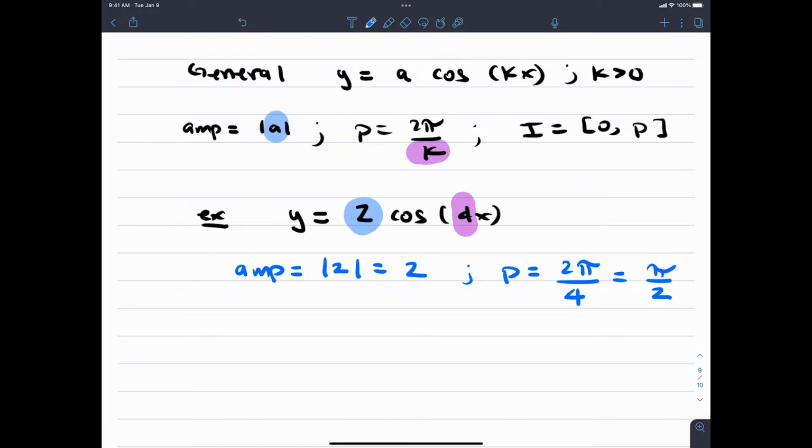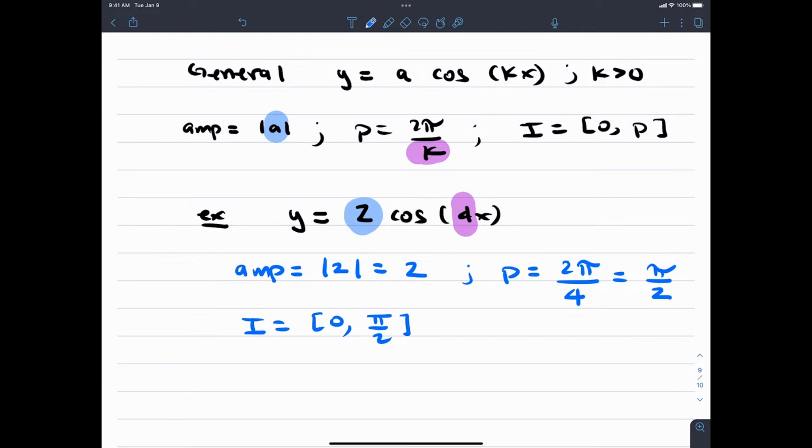Pi over 2? What's your interval of one cycle, ladies and gentlemen? 0 to what? Pi over 2. Good. Okay, you guys okay with that?